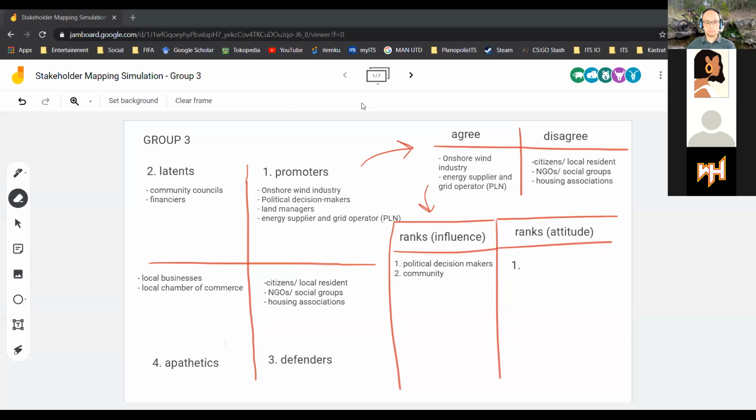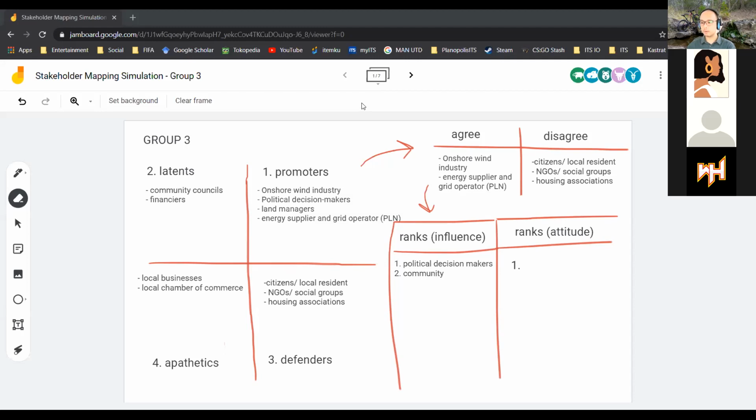We think they have high interest because they will be the ones that make the technology, the wind farms itself, and they also have high influence to have a say in the stakeholder meetings.